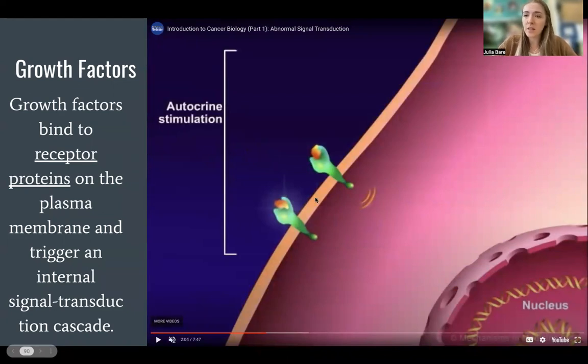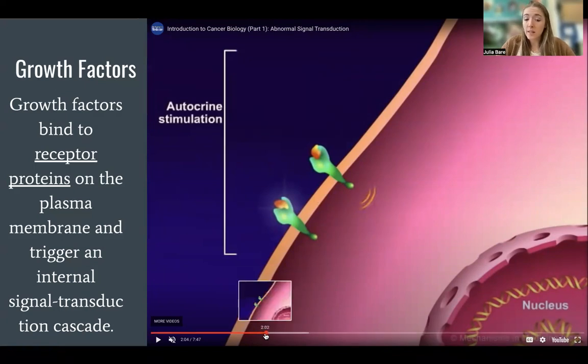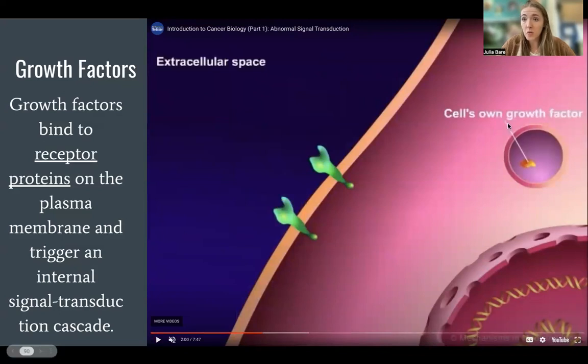This is a mutation in the transcription factors. It's a mutation in the proteins that make the signaling molecules. So these signaling molecules that the cell releases from its own membrane, there's a mutation in the process that makes these growth factors. And so instead of releasing these growth factors at appropriate times, these growth factors are released and they're used to trigger more cell division, right?